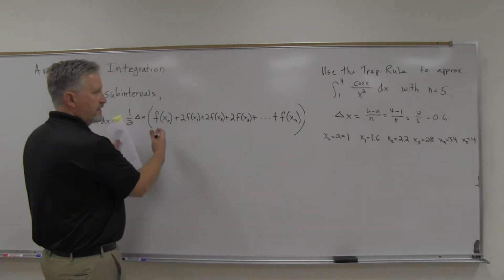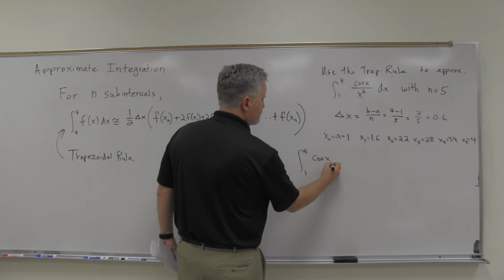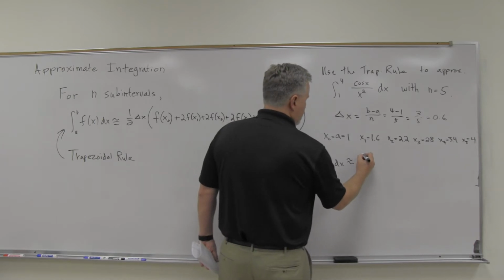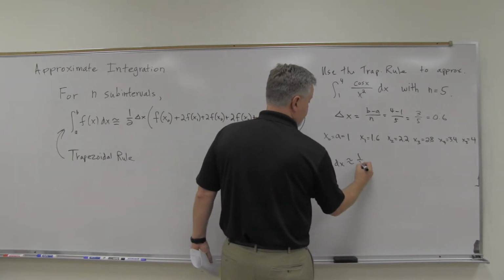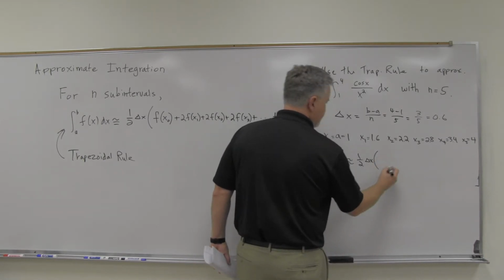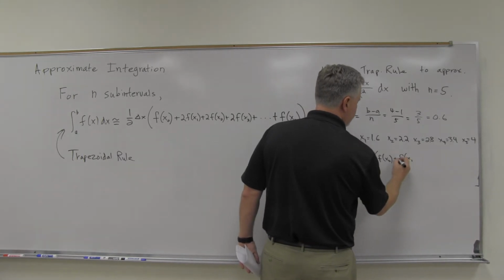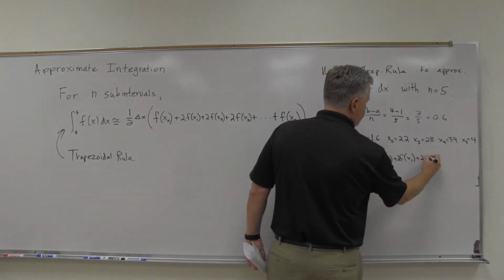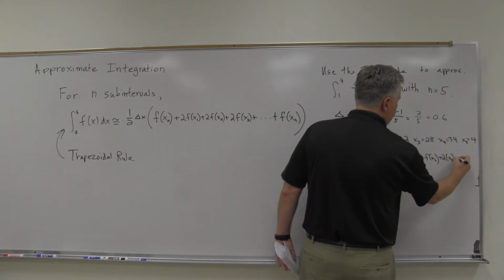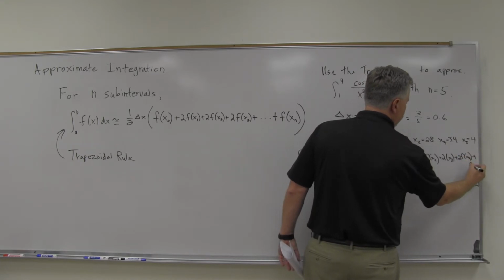All right, so then our integral is approximately, by the trapezoidal rule, 1/2 of delta x, or delta x over 2, times, I'll write it out, f of x0 plus 2f of x1 plus 2f of x2 plus 2f of x3 plus 2f of x4, plus, last but not least, f of x5.